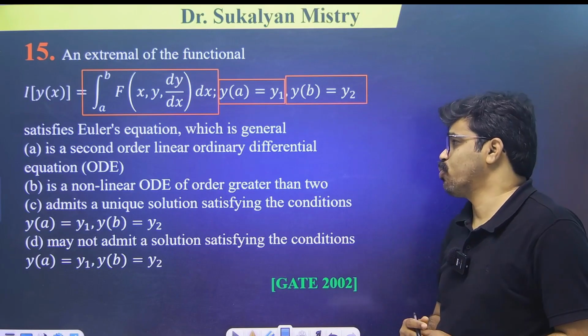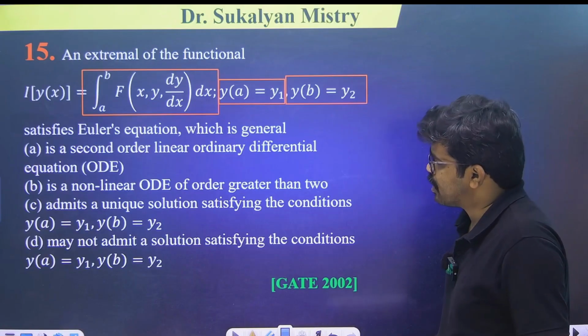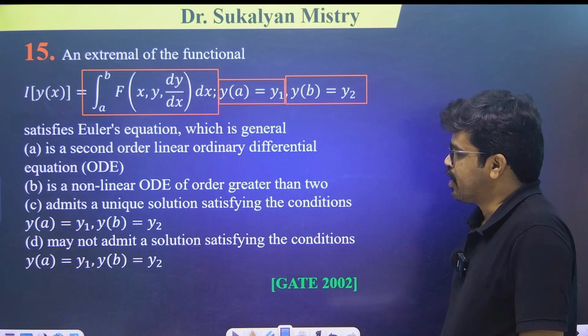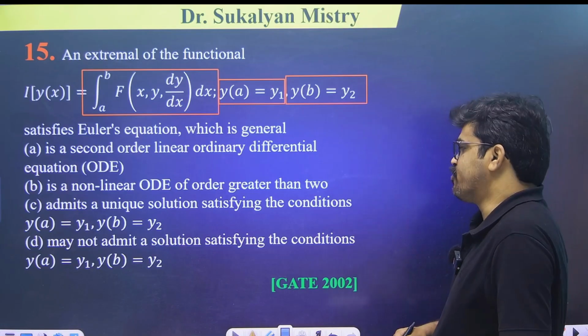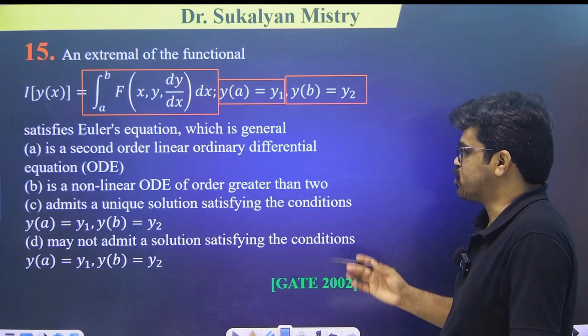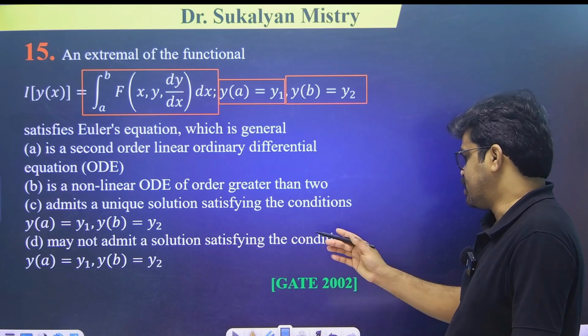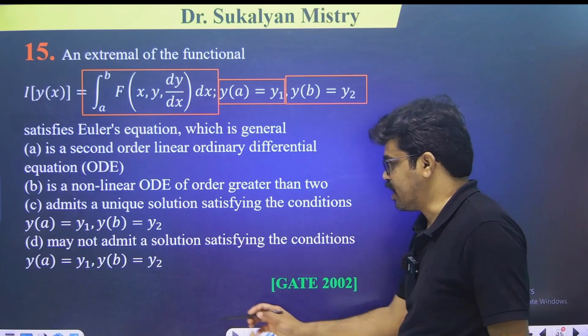It satisfies Euler's equation, which in general is a second order linear or non-linear differential equation. Does it admit a unique solution satisfying the condition, or may it not admit a solution satisfying the condition?